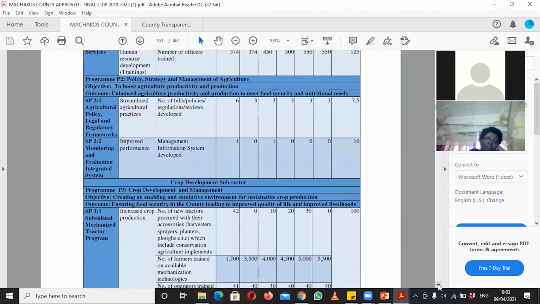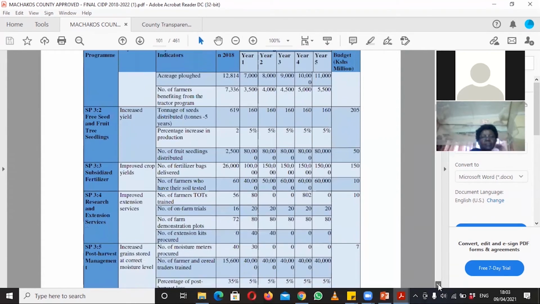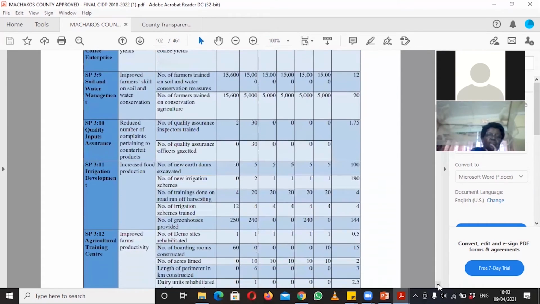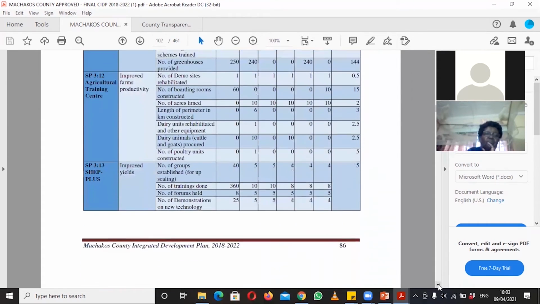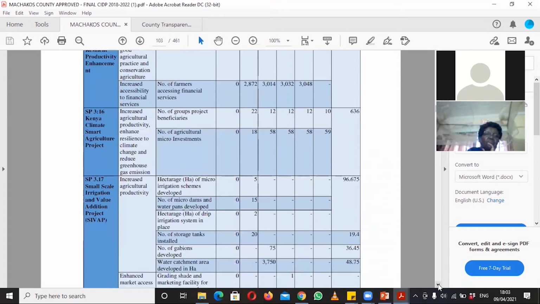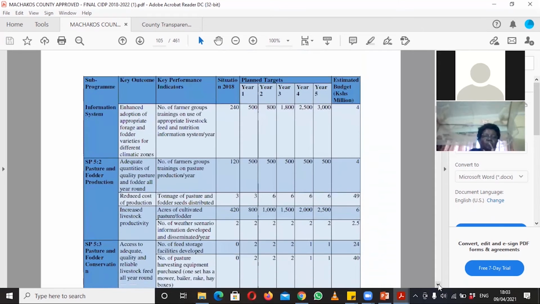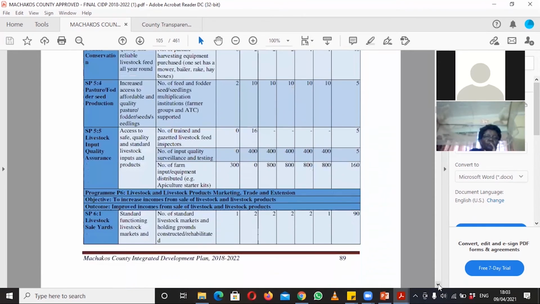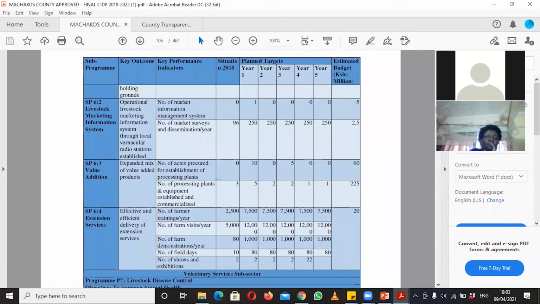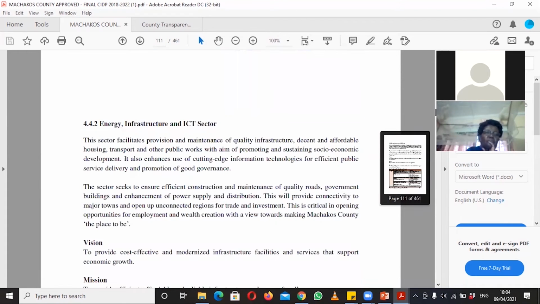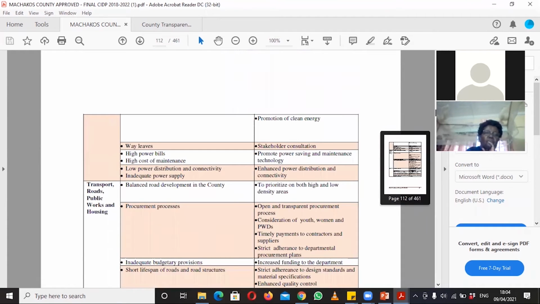So let us look at health. We see what they have in store for us. So this is agriculture. You can see the way it is. Cooperative development sector, energy infrastructure.